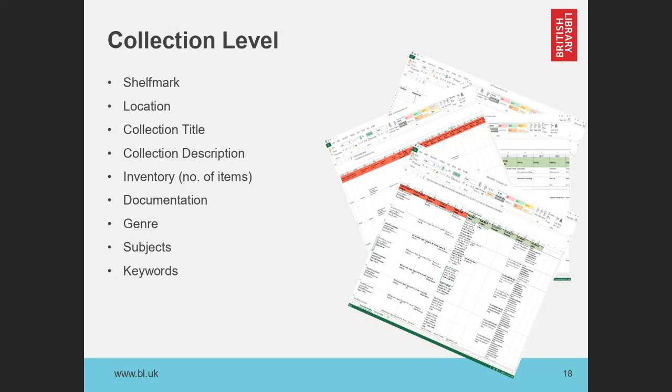Okay, so location. This is the original location of the collection. Because we're the hub and we've got collections from across the region, it's useful to know where that collection has come from, where that repository was.